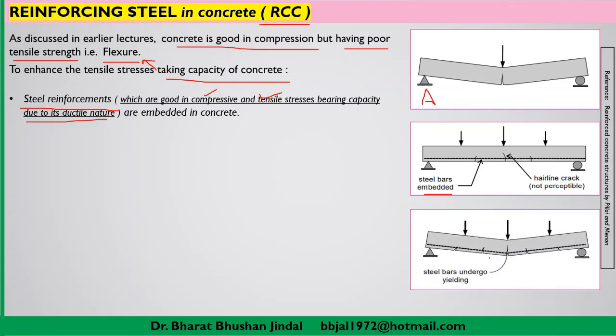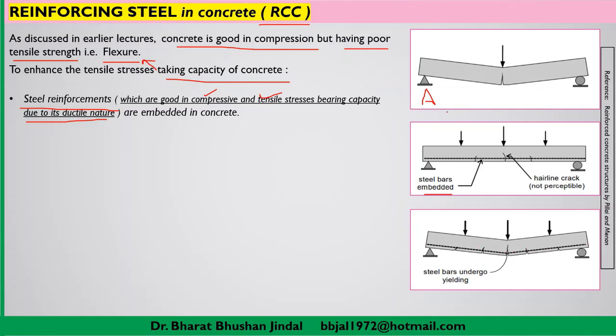Now you can see here, when you are increasing the load, at some stage you will find some minor cracks. This steel member, due to its ductility, will start yielding when the load goes beyond the yield point.